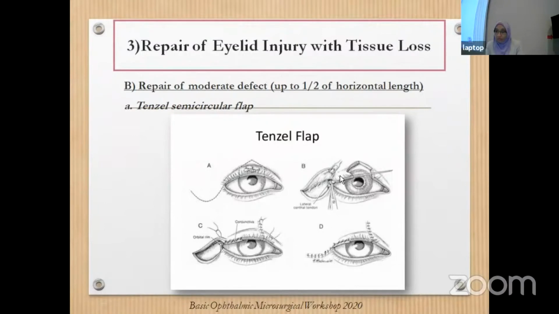So we need to make a lateral canthotomy here and also cantholysis. So we can move this tissue, including the subcutaneous tissue and also the muscle, up to here to close the defect. So it will be like this. In this type of case, we need to explain to the patient that there are two scars. The first one is here, and the second one is at the lateral part of the eyelid.